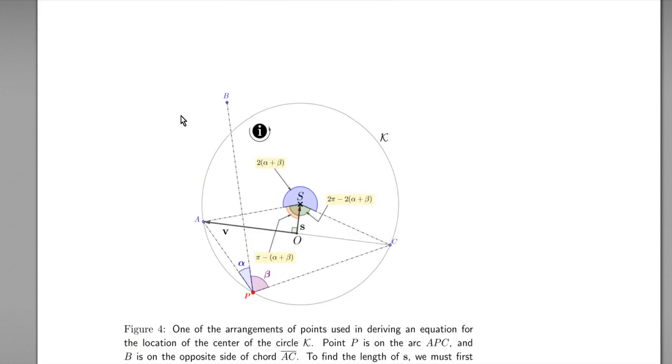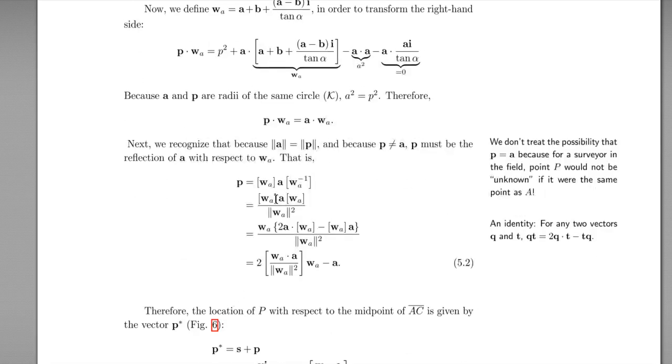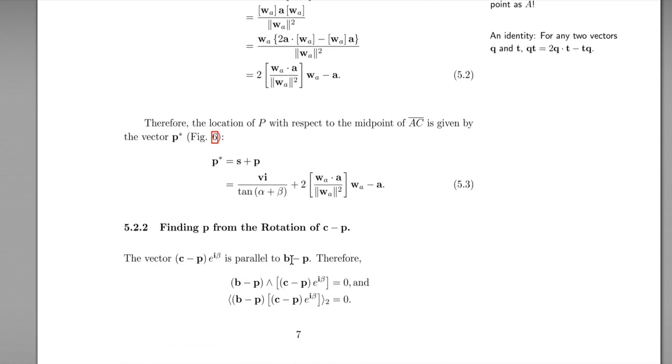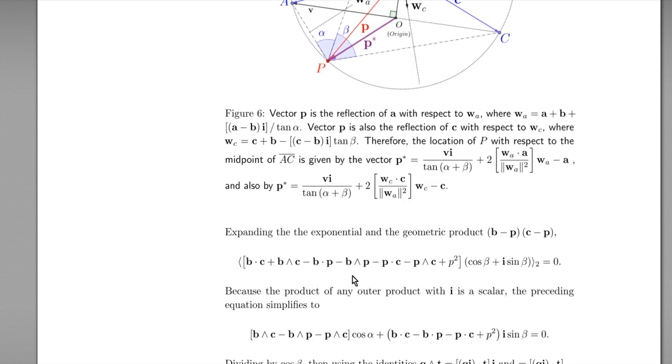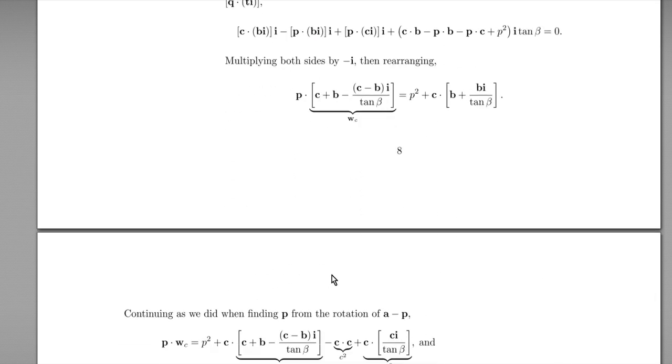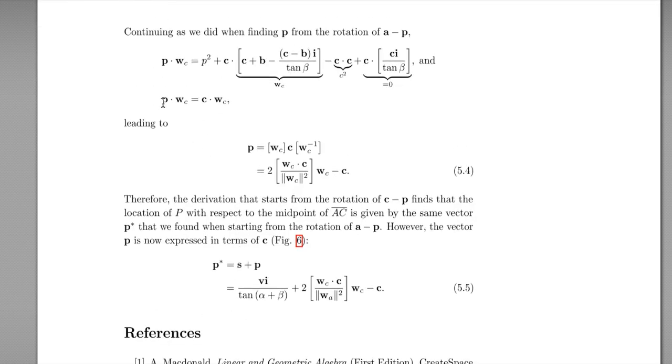Now, the same thing can be done rotating C minus P until it coincides with B minus P, and we get a solution that's to some degree independent. And we'll see how to do that here. Again, it's not difficult at all. So we end up here with the vector P being the reflection with respect to WC of the vector C itself.